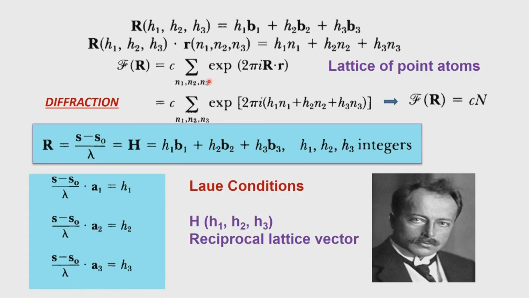Okay, total count is C. Then sum it over all values of n1, n2, n3. We then write exponential 2 pi i r dot R. So, this exponential 2 pi i r dot R now is the expression which will allow us to determine the phase. This is the amplitude and this is the phase.